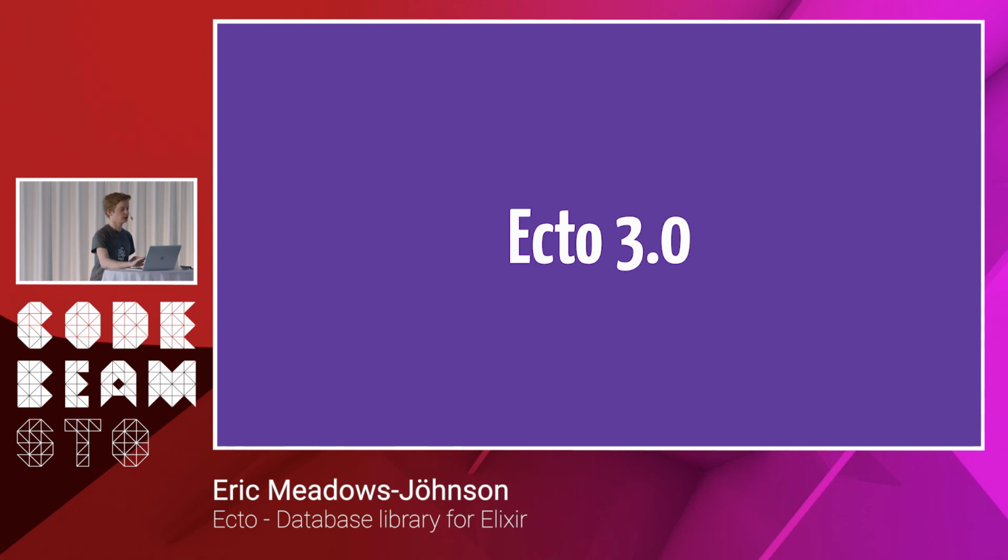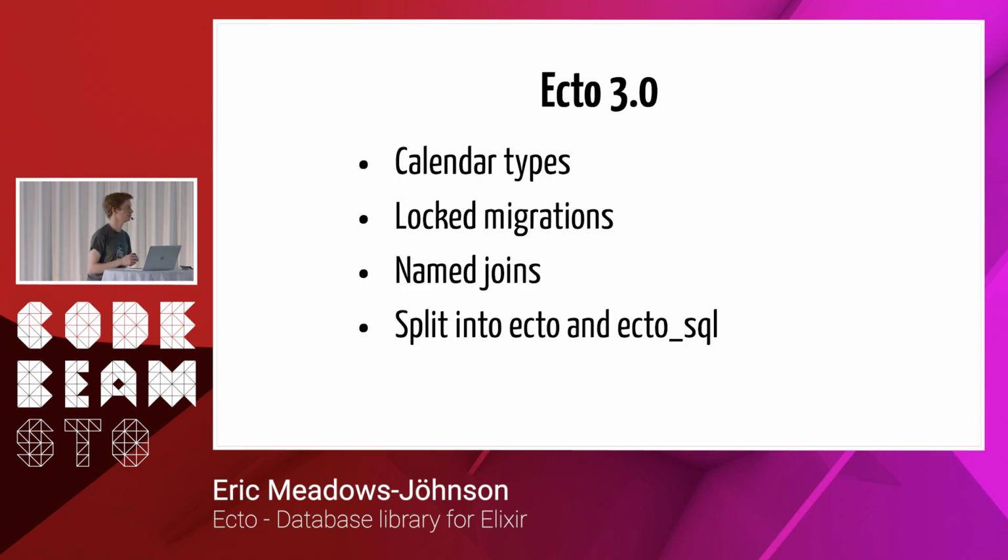And finally, before the end, I want to quickly talk about the changes that are in progress for the next version of Ecto. If you use Elixir, you know that there are new calendar types in Elixir. We're going to drop the custom built-in Ecto types and just use the native datetime types that come with the language.